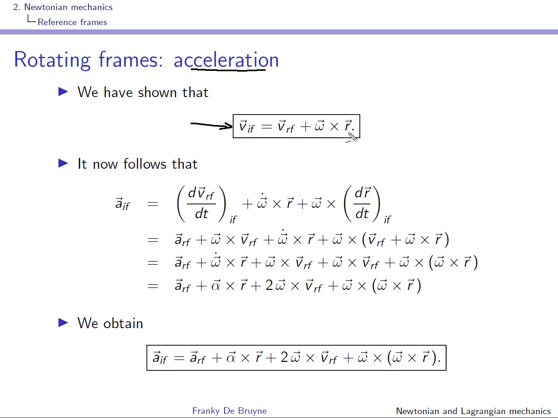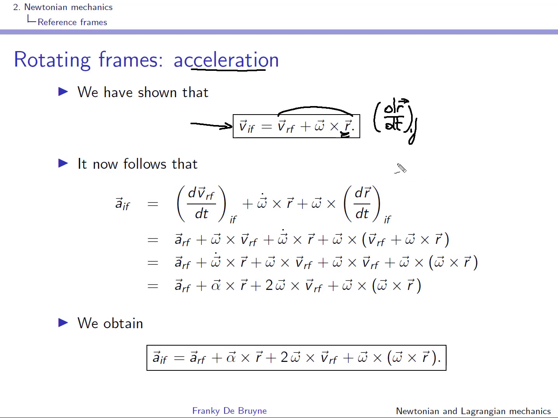Just a reminder, the r is the position vector in the reference frame. So this thing here, you can see it as the derivative of the vector r with respect to time, but seen from the inertial frame.